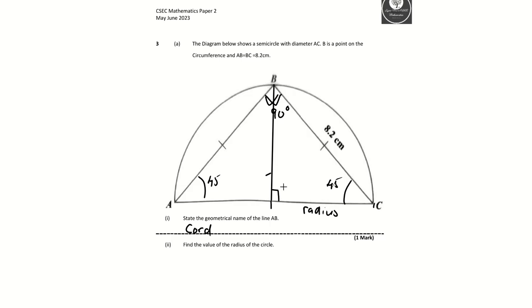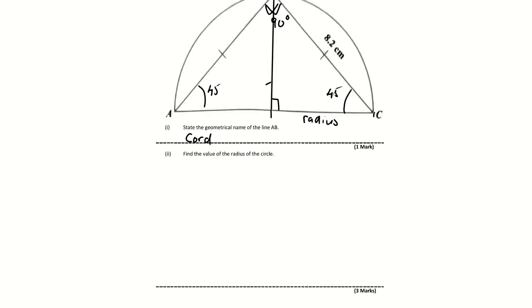My radius. But if it is a 90 degrees triangle, what will it be, guys? Is it my hypotenuse, my opposite, my what? This would be my adjacent. So my adjacent is my radius. Everyone understands how I know that this is my adjacent?